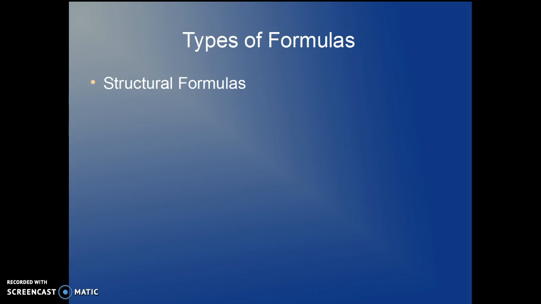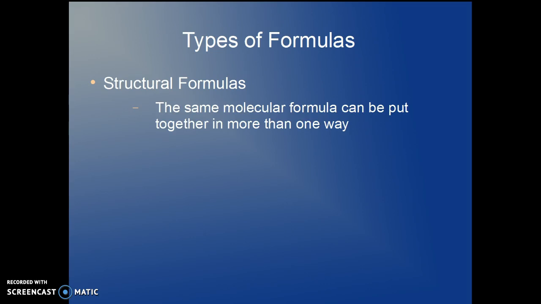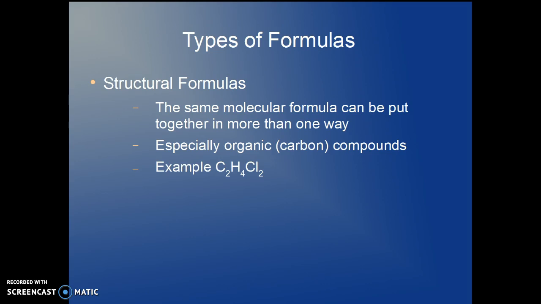Finally, there is the structural formula. Well, that's not the last kind. We know that the same molecular formula can be put together in more than one way, especially true with organic, that is, carbon compounds, like glucose. So, for example, C2H4Cl2 is a molecular formula. It can be put together in more than one way.